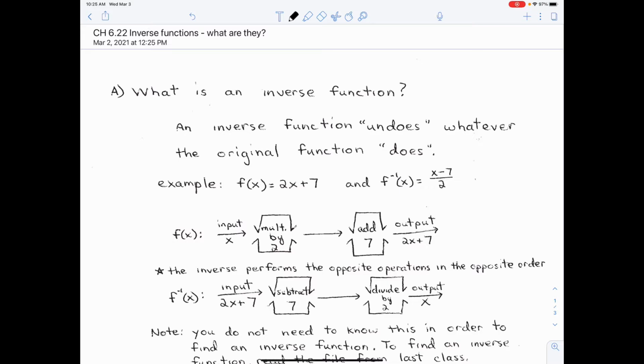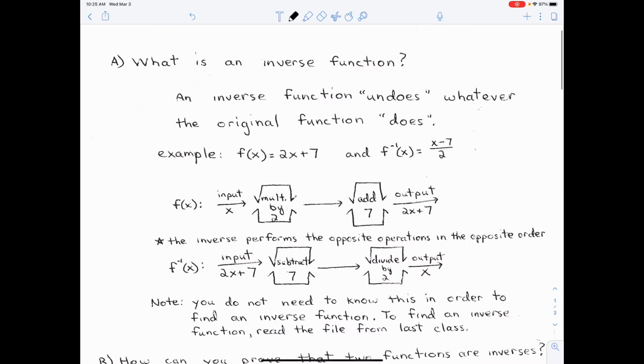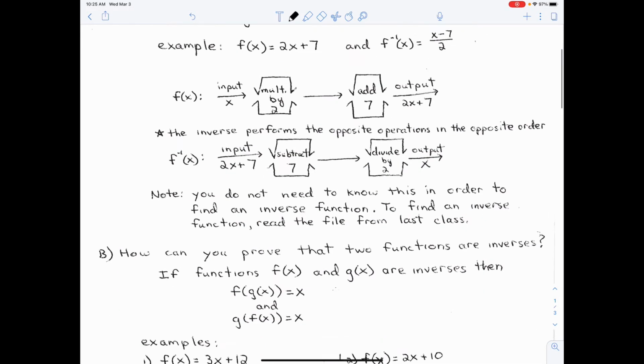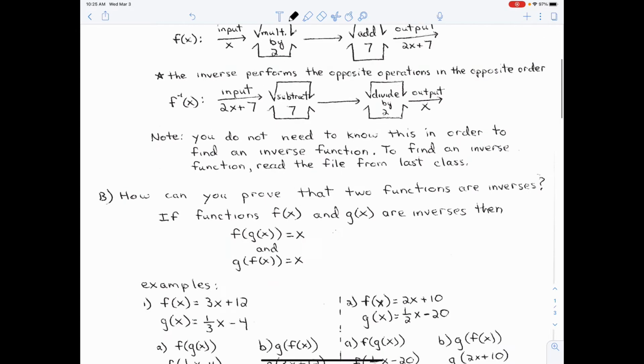Now, again, I don't know how important it is for you to know this, because you don't need to really know this in order to find an inverse function. You just do what we did in the last video. But I just kind of like to mention this. Why am I mentioning this at this point?